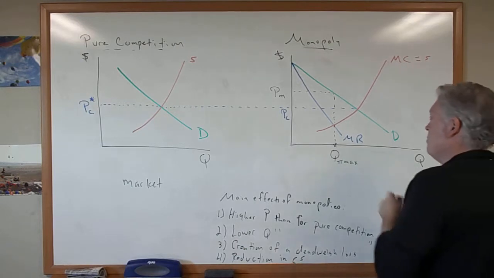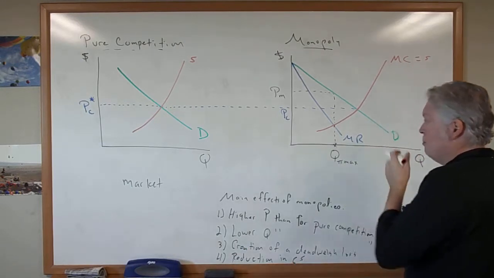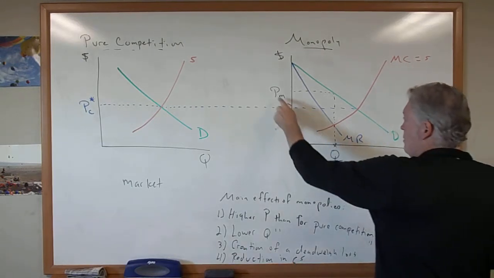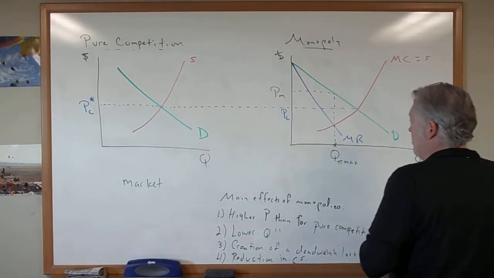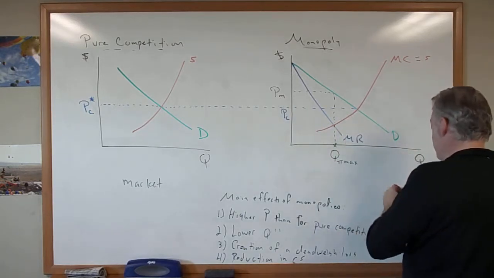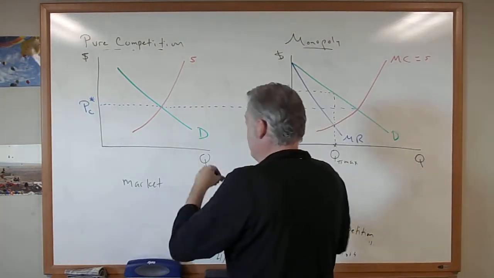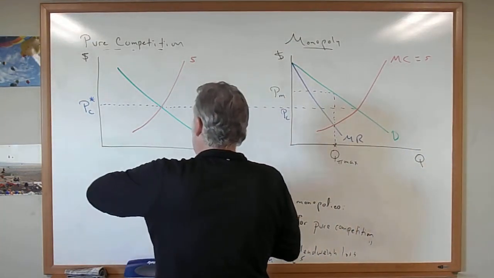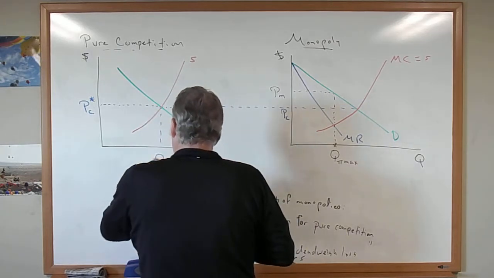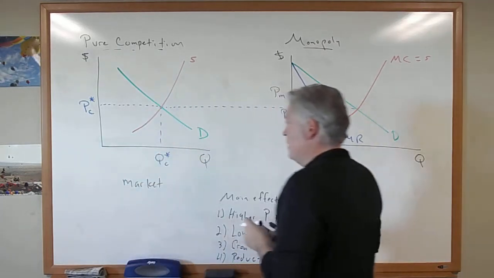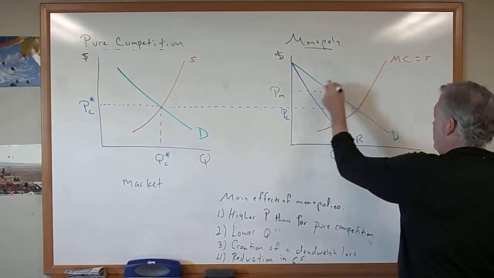So how does monopoly then differ from perfect competition? And that is the sense of a higher price than in perfect competition. And also keep in mind where the quantity would be in perfect competition. The equilibrium quantity here is simply determined by the intersection of demand and supply, so that we trace that down to the quantity axis, so where demand equals supply.